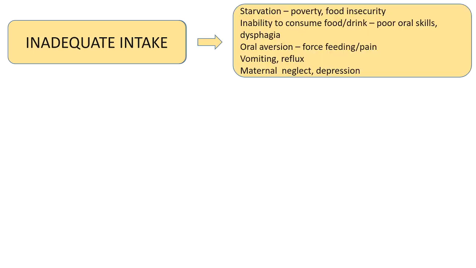First of all, inadequate intake. We can see this situation, of course, when the patient or the patient's family do not have enough food, starvation due to poverty, food insecurity. It may be inability to consume food or drink, poor oral skills in patients with severe neurological disease, dysphagia due to some abnormalities of the GIT. It may be oral aversion like force feeding, or pain due to stomatitis, for example.